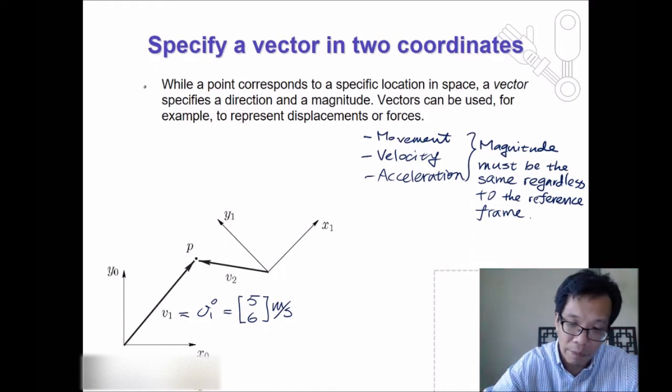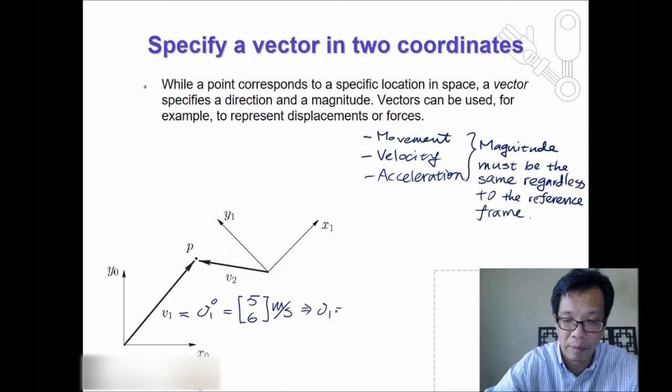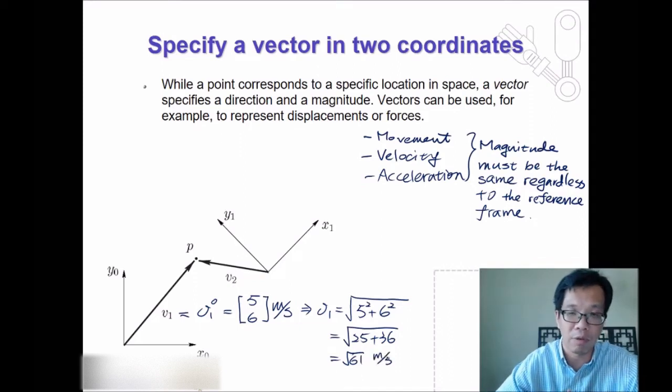If you get the velocity, that is going to be 5 squared plus 6 squared, and the result is going to be 25 plus 36. That is going to give us square root of 61 meters per second. Straightforward, right? Because this is something we deal with in kinematics and in physics many times.